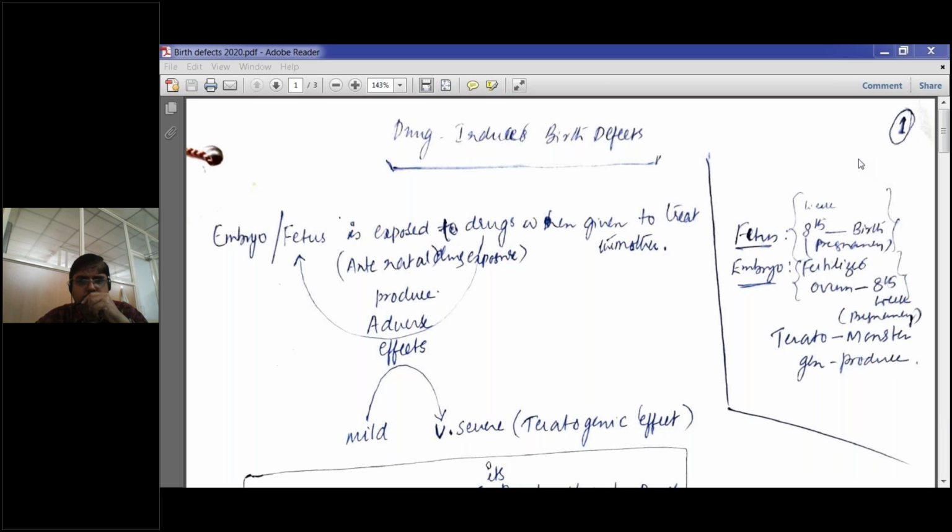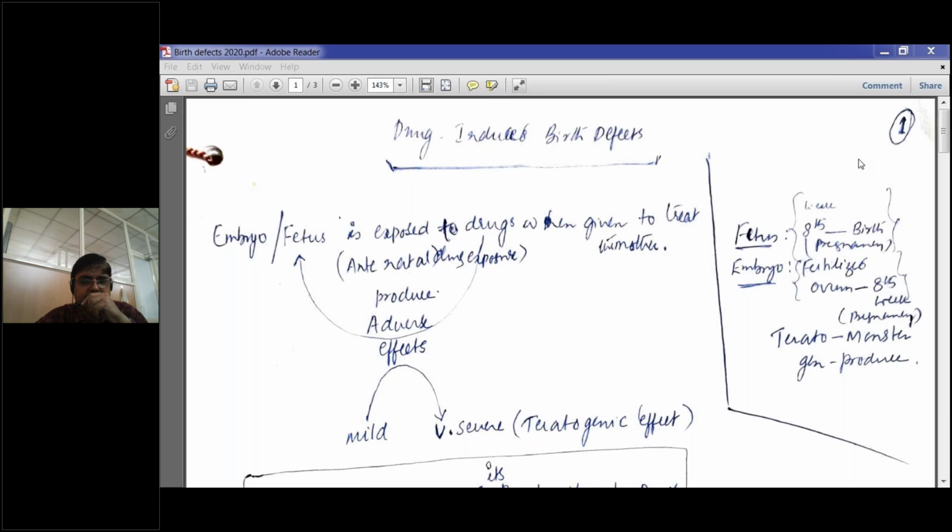Now, who has to consume this drug to produce the effect on fetus? The mother, when the mother has any diseases or anything. Is it a mother or a pregnant woman? Pregnant woman, sir.